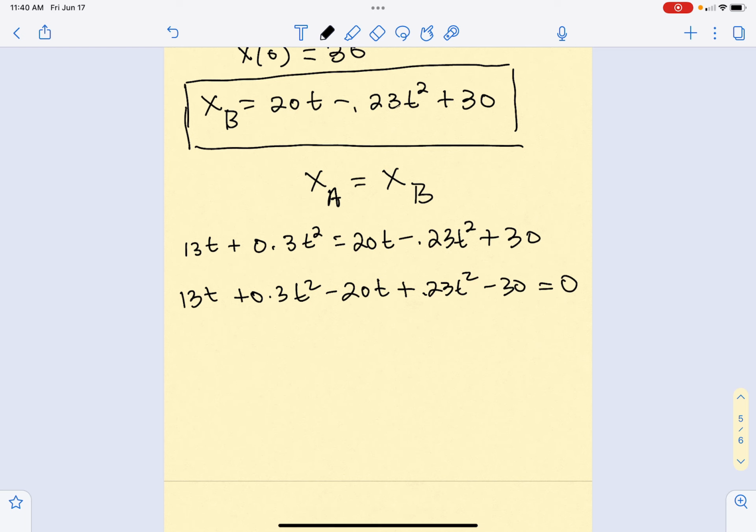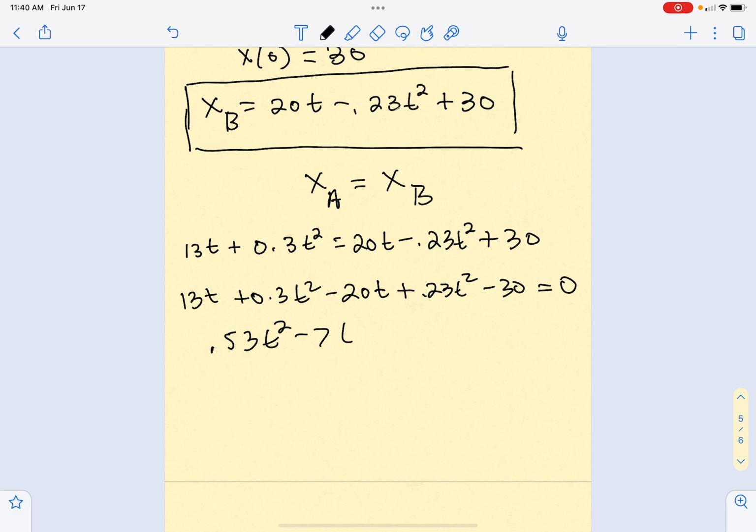And now I'm going to simplify this, putting it in order of descending exponents. So I end up with 0.53t squared minus 7t minus 30 equals 0. And here we have a quadratic.